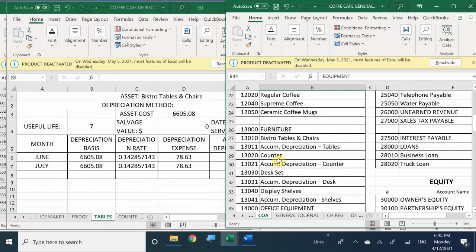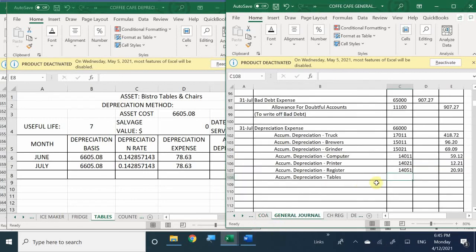So furniture, accumulated depreciation for tables is 1311. Okay. So 1311 for the total amount of $78.63. Okay.